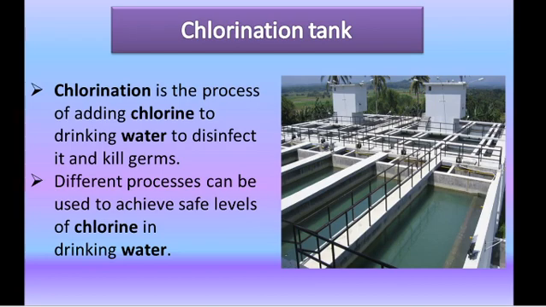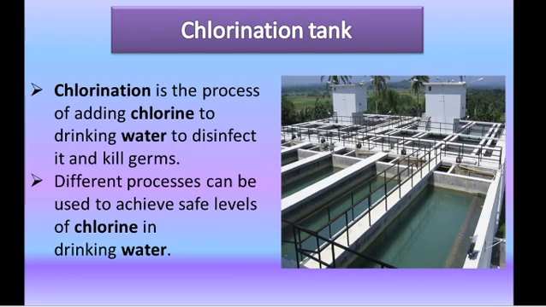Now the water passes to the chlorination tank. Chlorination is the process of adding chlorine to the water to kill the germs. Chlorine is added in a particular amount to kill the germs and make germ-free water.